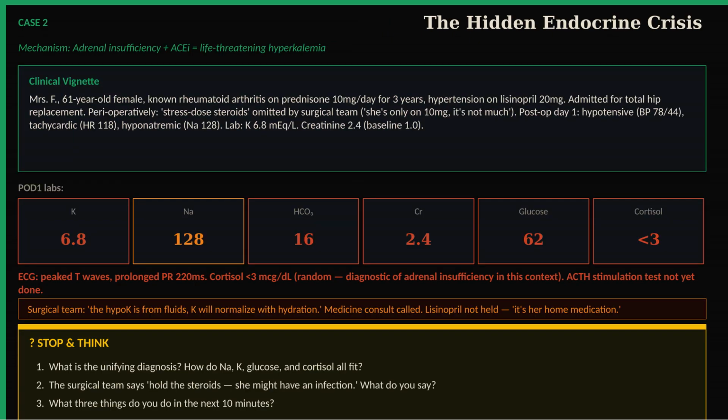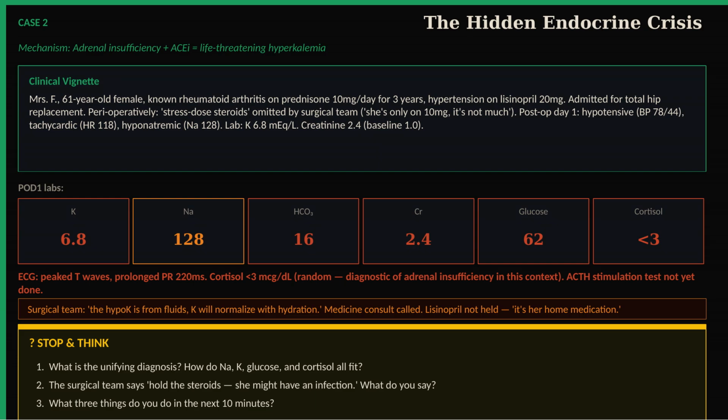Miss F, 61, rheumatoid arthritis on prednisone, 10 milligrams daily for 3 years, hypertensive on lisinopril, admitted for a total hip replacement. Perioperatively, the surgical team skipped her stress dose steroids. She's only on 10 milligrams. It's not much.